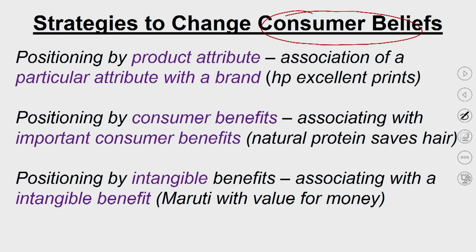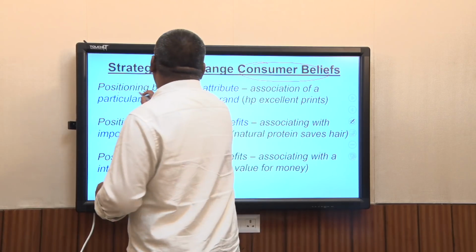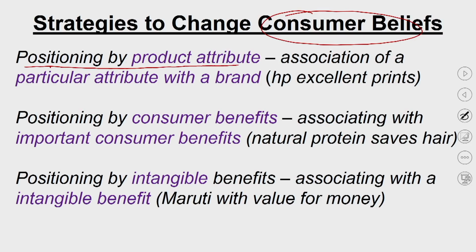So let's look at some of the strategies used by marketers to change consumers' belief, consumers' knowledge about a product. One is positioning your product with an attribute. If you position the product by a particular product attribute, that can change the belief of the consumer, the knowledge of the consumer, the way the consumer reacts to a product.